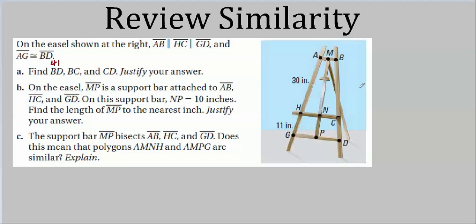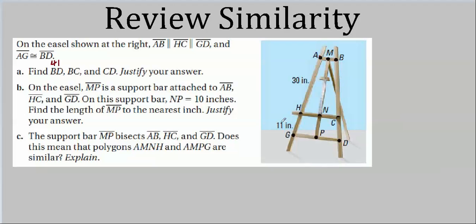And we also figured out in a previous section that if the separate segments both have the same ratio, we could take CD over BD, which is the short one over the whole, and that has to be the same ratio as HG over the whole.